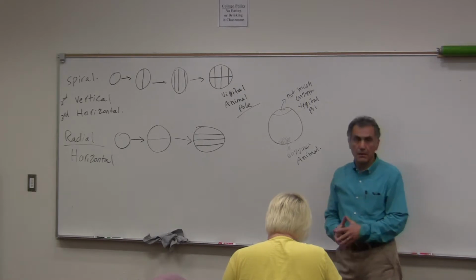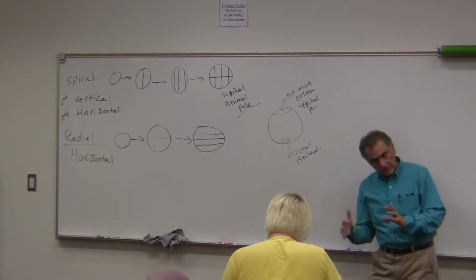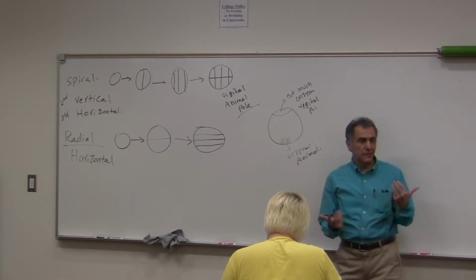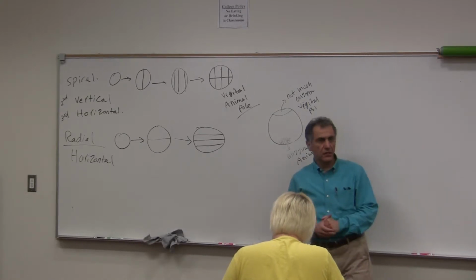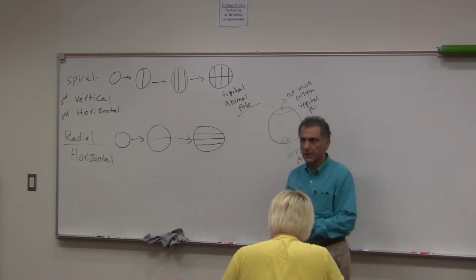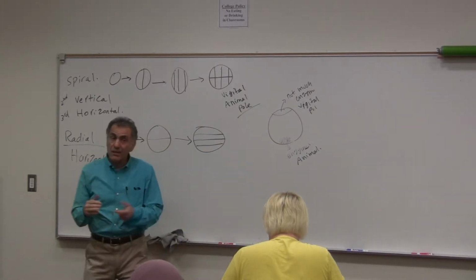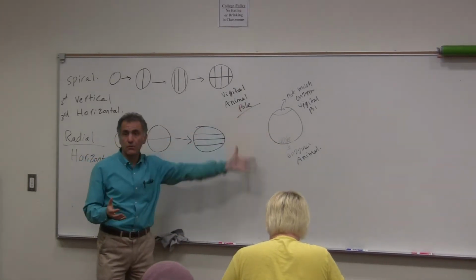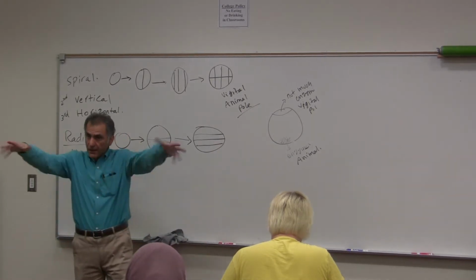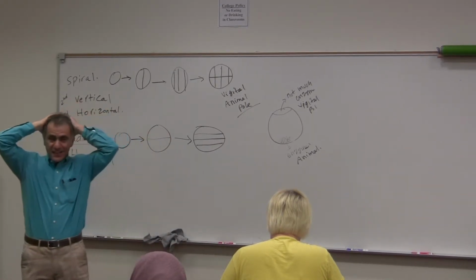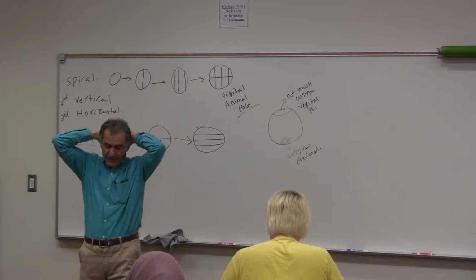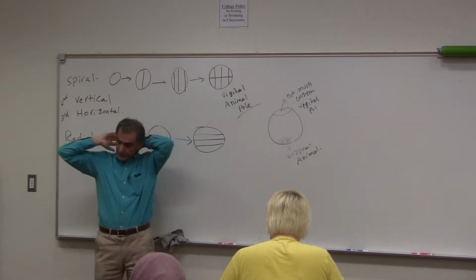So the vegetal pole has the yolk and more cytoplasm, they call it. Read your textbook. Do not worry about this, I'm not going to hold you to it, but it's good that you're asking. You can look it up in your Campbell textbook. It talks about all of that.